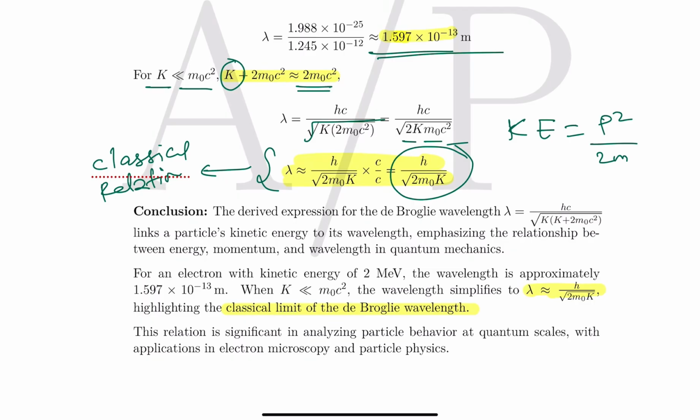So the conclusion goes as follows. The derived expression for the de Broglie wavelength is this, what they have asked in the question. And for an electron, we have got the value of wavelength when the energy of the electron is 2 million electron volt, and within this approximation the wavelength simplifies to this value. It highlights the classical limit of the de Broglie wavelength, and this is what we have in the conclusion part.